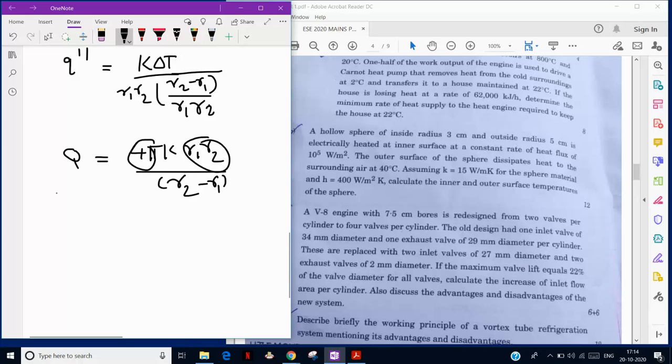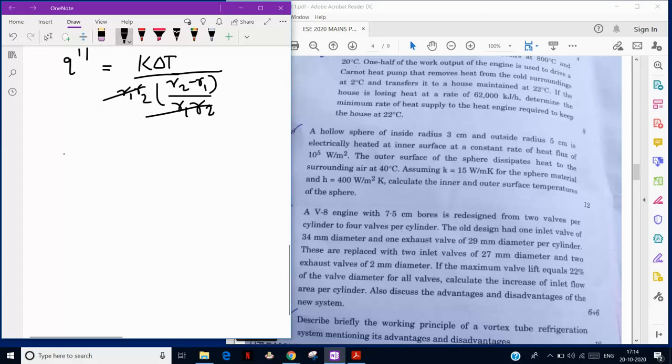We can multiply or divide the denominator like this, so our equation becomes like this, and r1 r2 gets cancelled. So the only equation we have is that heat flux is equal to K ΔT, where ΔT is the inner surface temperature minus the outer surface temperature, divided by r2 minus r1.